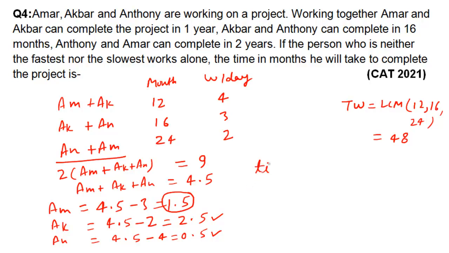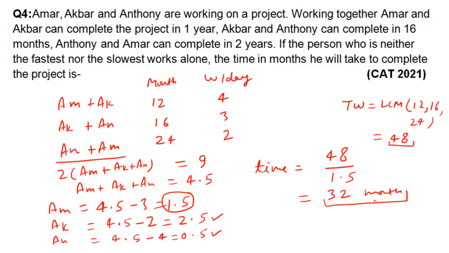So the time it will take is the total job, which is 48 that we have assumed here, right, divided by work per day of Amar, which is 1.5. So that will give you 32 months. So 32 months is the answer to this question. No option is given, you have to fill in the blanks. So 32 months is the answer.